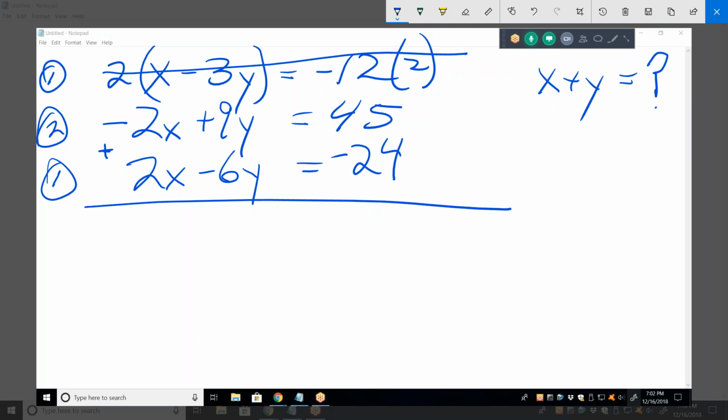So what do I get after I add them? You get 0, and then 3y is equal to what? 21. It's 3y equal to 21. Yeah. So y equals 7. Now I got to solve for x.